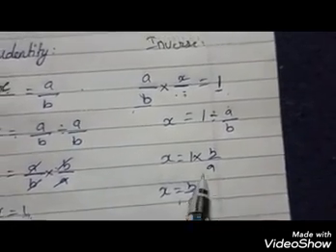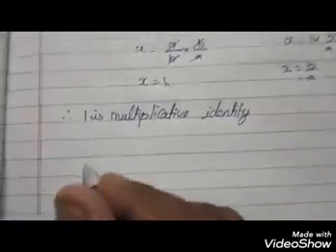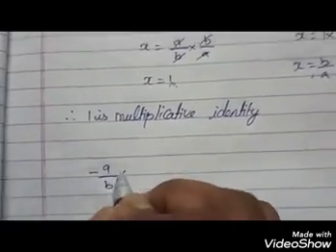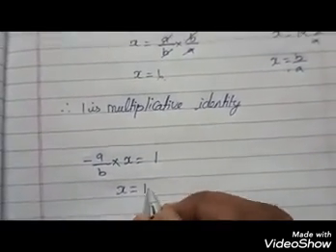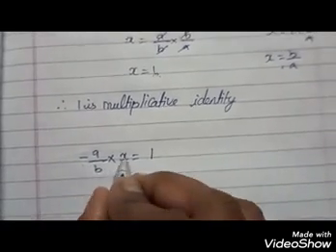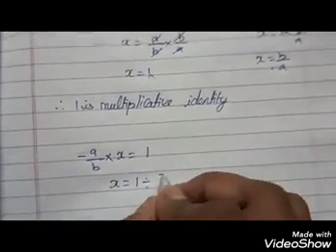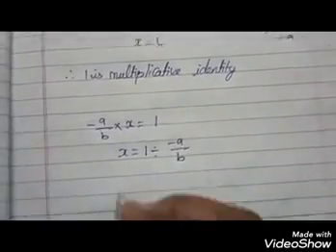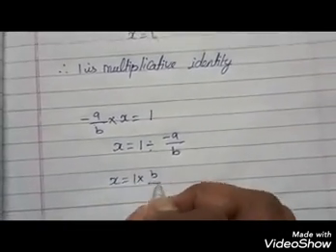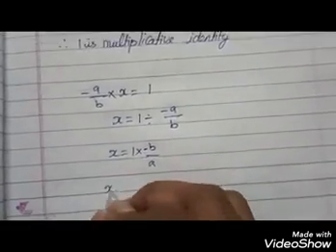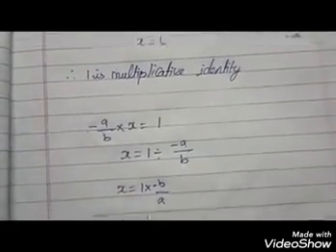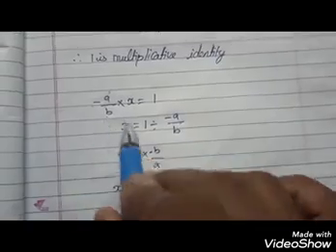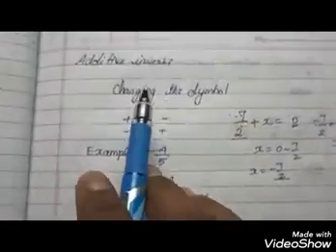You only take the reciprocal. Otherwise, take minus a by b into x equal to 1. Same way, x equals 1 divided by minus a by b, which is 1 into b by a, that is minus b by a. So x equals minus b by a. If you see, negative stays negative; you only take the reciprocal of the number. So what is the difference between additive inverse and multiplicative inverse?